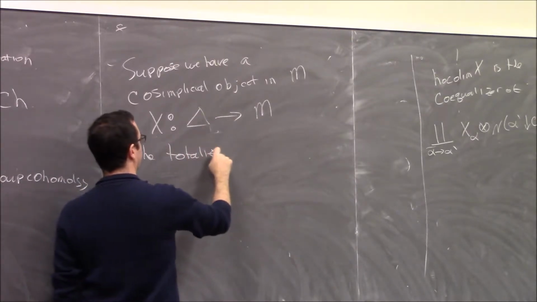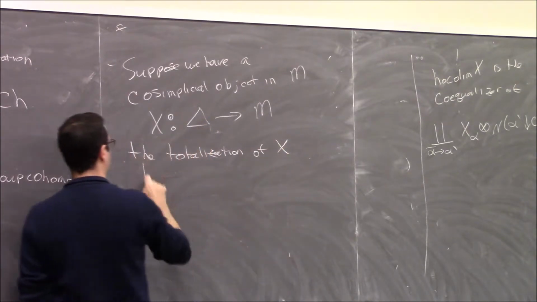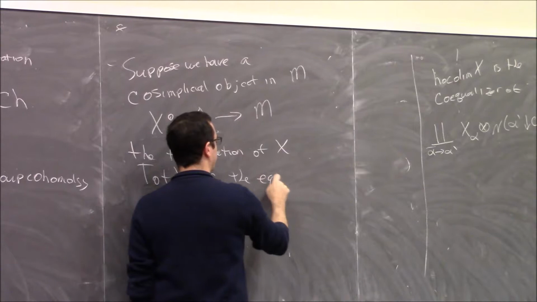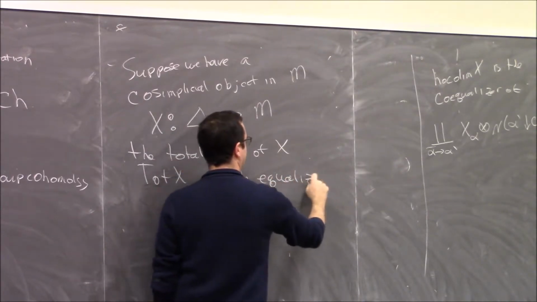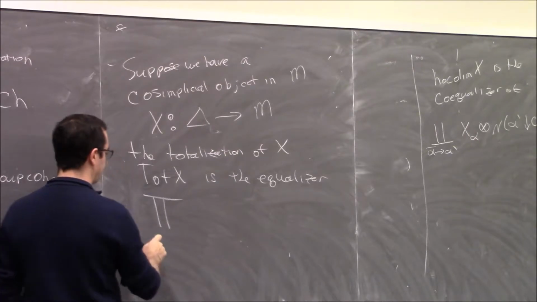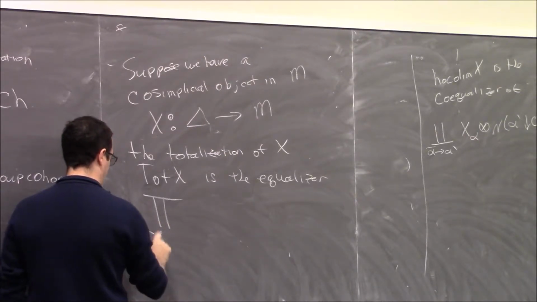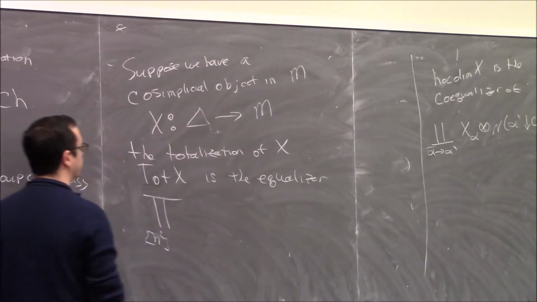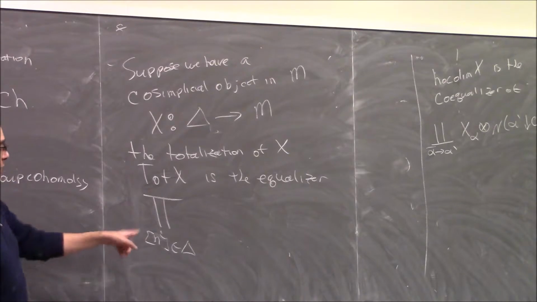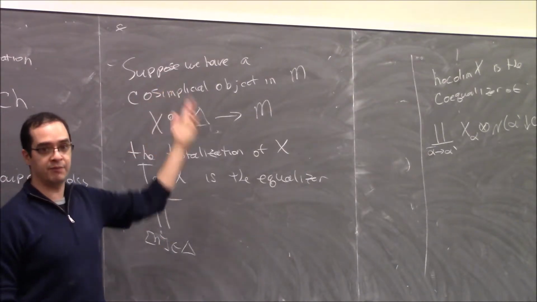So the totalization is going to be the equalizer, and we're going to take a similar looking thing. We're going to, again, take the product over our objects, but the objects are just the finite ordinals, right?